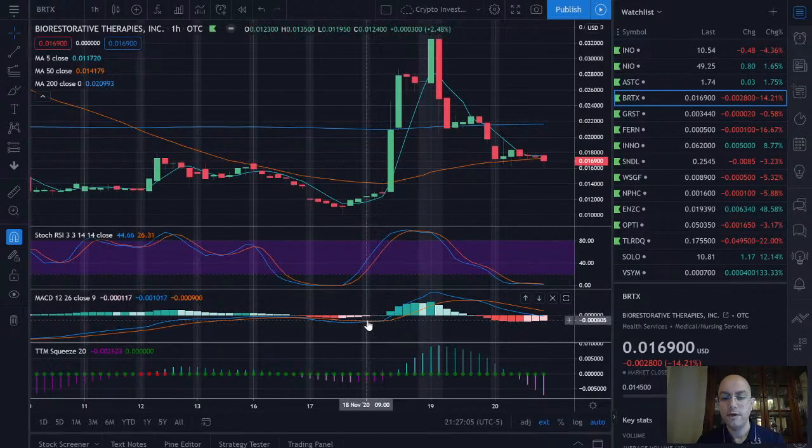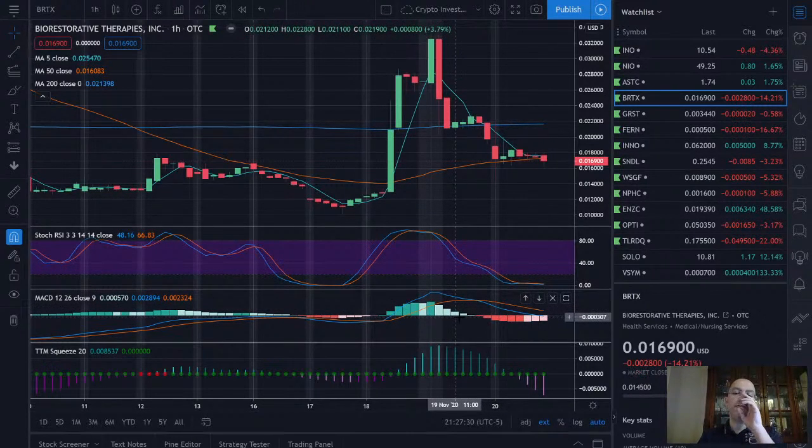Now, when the MACD comes close to the signal once again, it is convergence. So it diverges away here, and then we wait for a convergence.